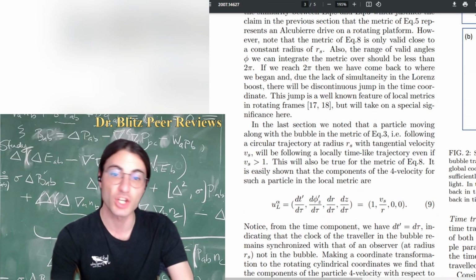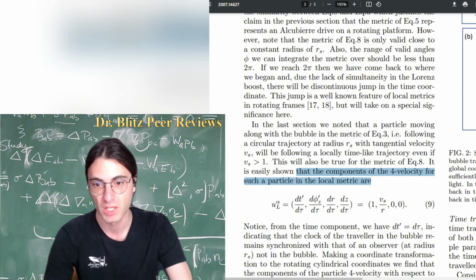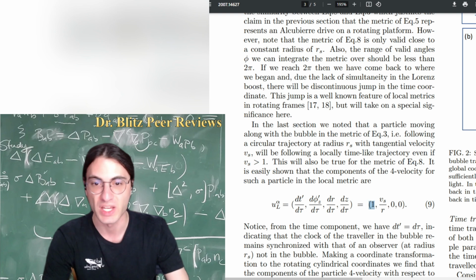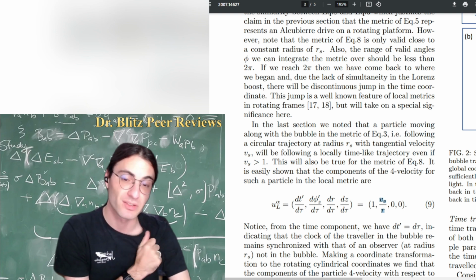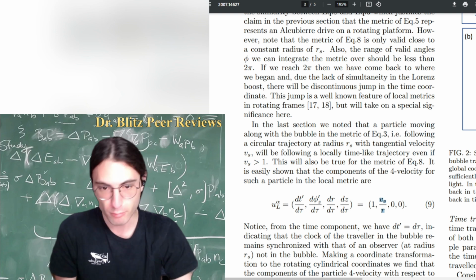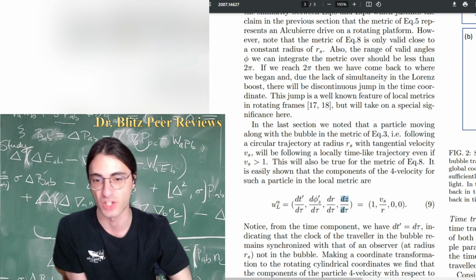It is easily shown that the components of the forward velocity for such a particle in the local metric are this. So this is basically describing the motion of the particle. So they're saying that you move through time at a rate of 1 second per second, basically, and you move through angular space at the speed divided by the radius, which is fine. Your radial position isn't changing, your vertical position in the z direction isn't changing.